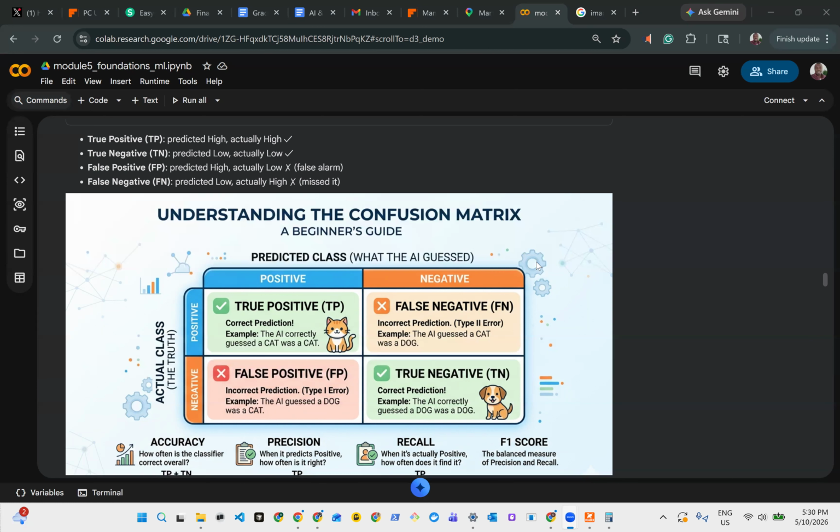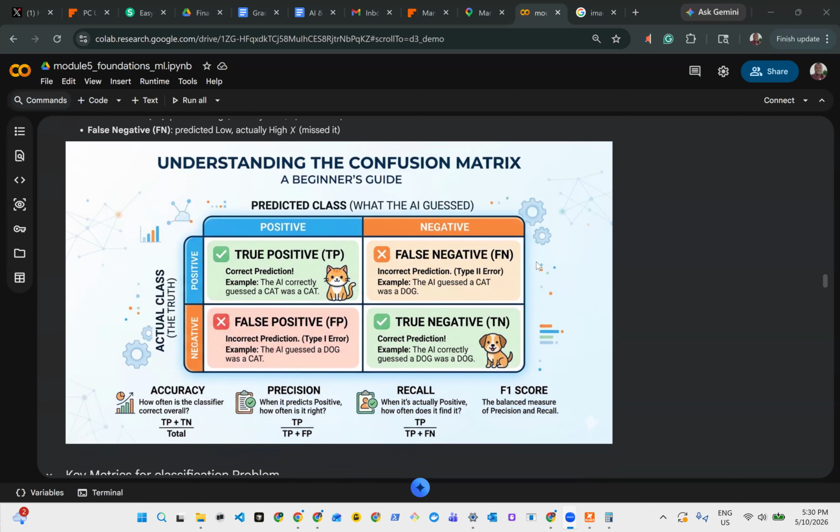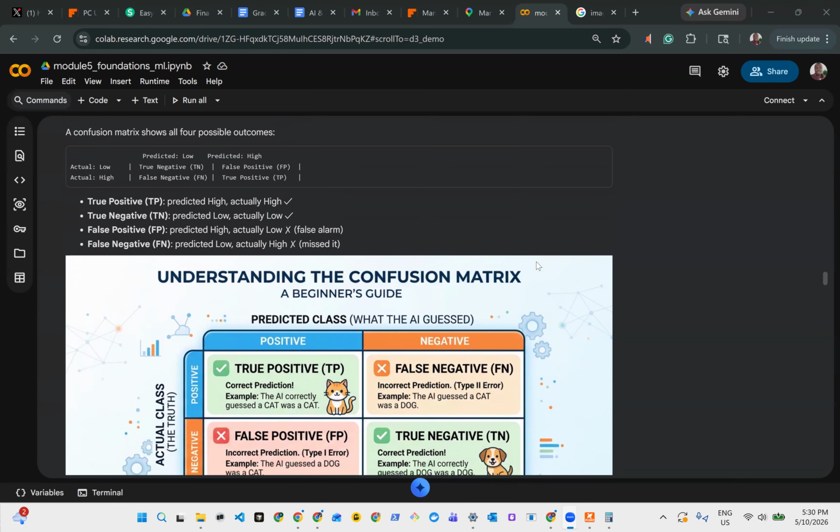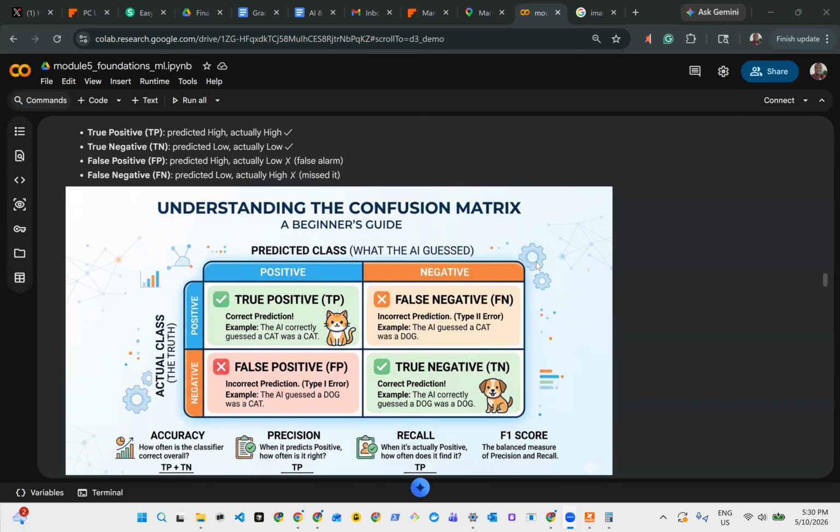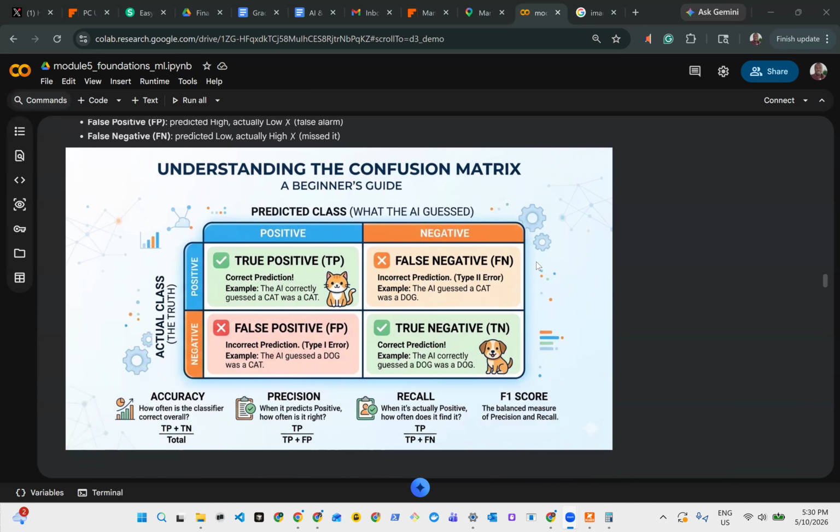That means the model missed it. So here's a simple picture you can use to get familiar with the confusion matrix, which is one of the best evaluation metrics for evaluating a classification model.